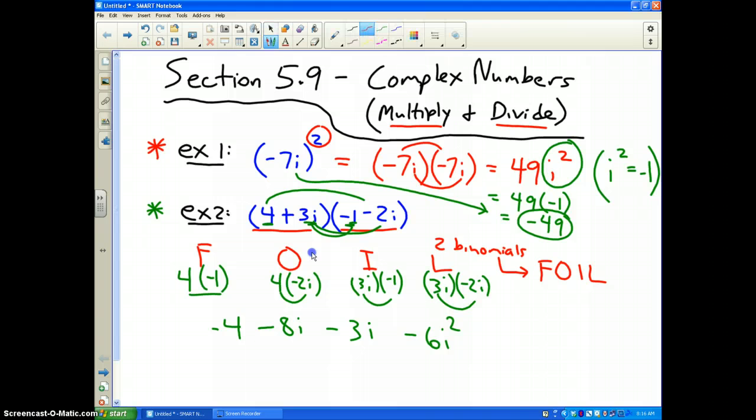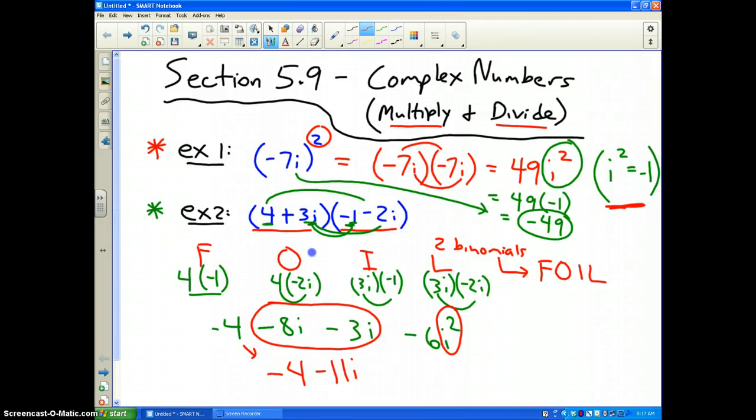Now, anytime you FOIL or multiply complex numbers, first of all, the O and the I work just like anything you've done in the past. They are like terms, so I need to put them together. So I'm going to bring the negative 4 down, and then negative 8i and minus 3i is negative 11i. However, from just the prior example, I have an i squared.